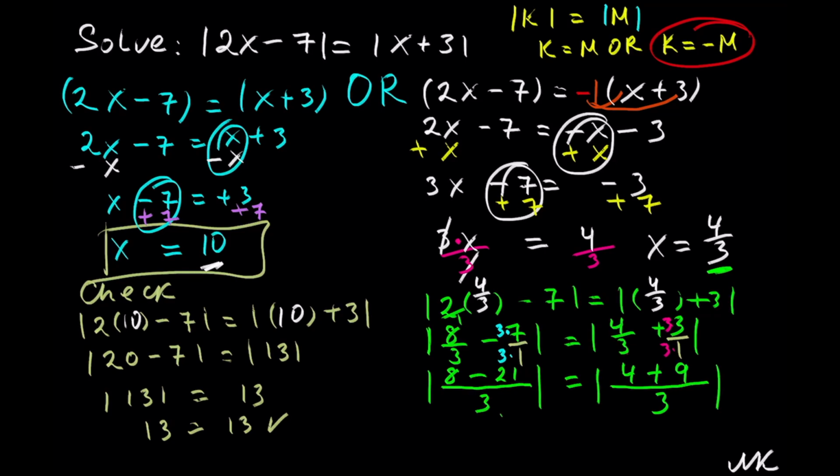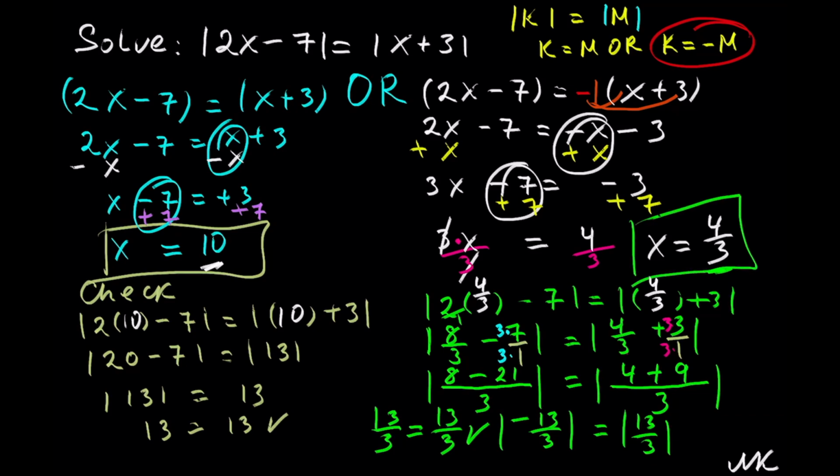And we get absolute value of 8 minus 21 gives us negative 13 out of 3, equals absolute value of 4 plus 9 is 13 out of 3. Absolute value of negative 13 out of 3 gives us positive 13 out of 3, equals absolute value of 13 out of 3 is also 13 out of 3. So this is a true statement. So x equals 4 out of 3 is also our solution.